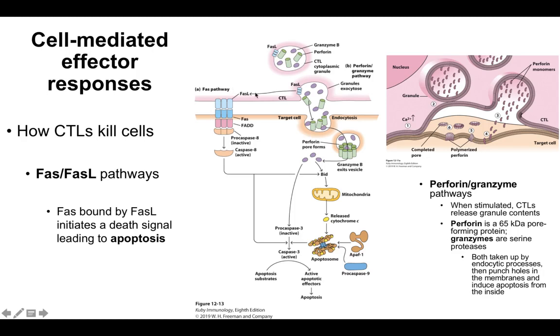Fas ligand can bind to Fas, which can activate caspases. Caspases are proteins that exist in the cell in inactive forms, and they can become active and ultimately generate apoptosis, or programmed cell death, of a given cell. And so that's how cytotoxic T lymphocytes can kill infected cells or tumor cells.